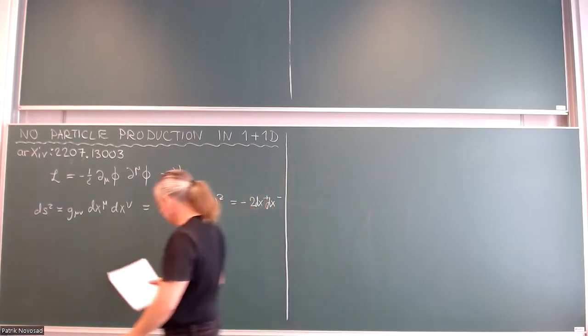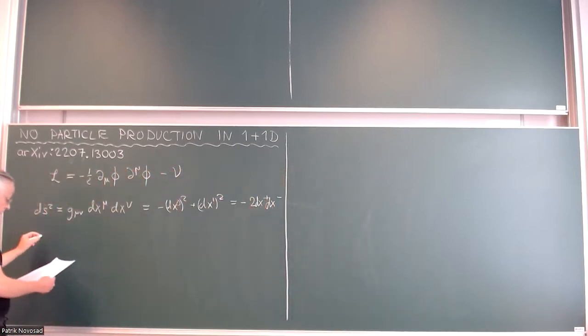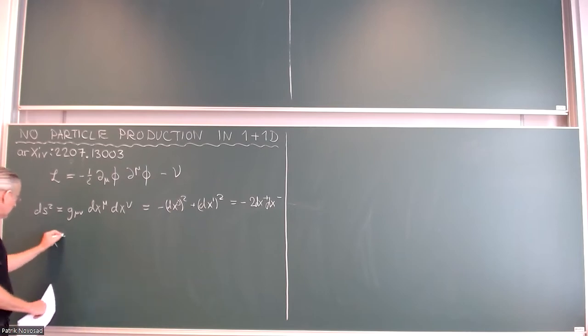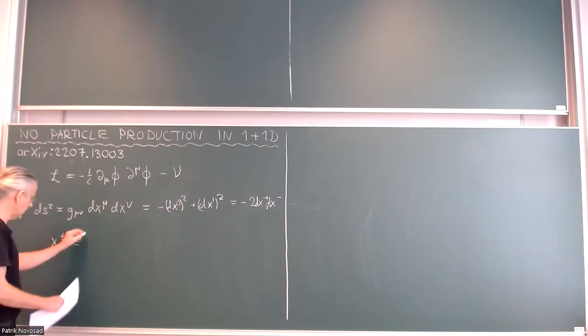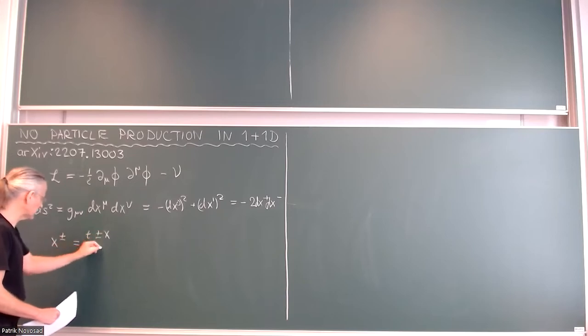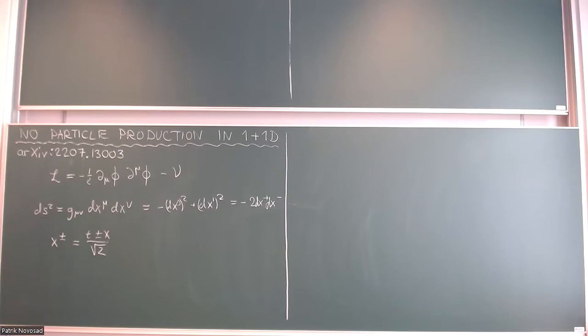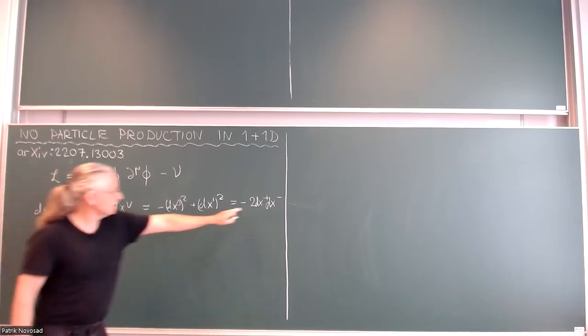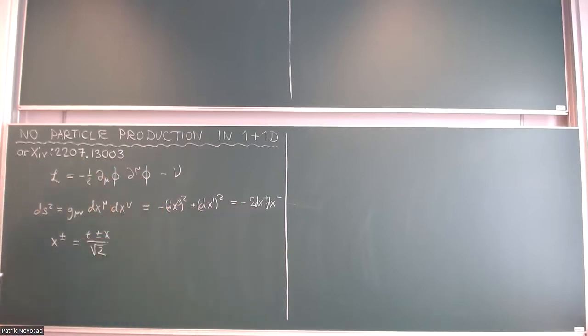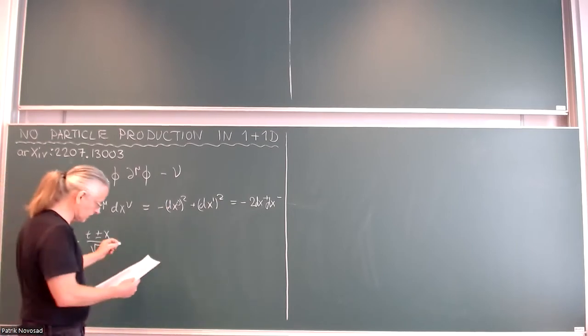Concretely, this means that x^± is equal to (t ± x)/√2. And you can convince yourself that if you plug that into here, then you get back the metric that we like, the Minkowski metric.